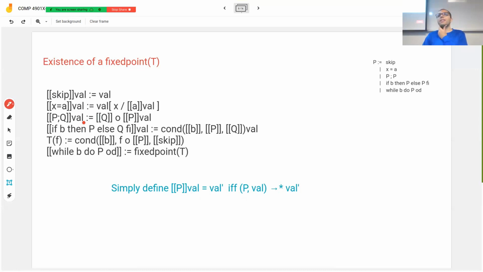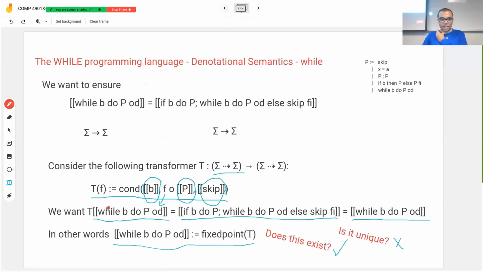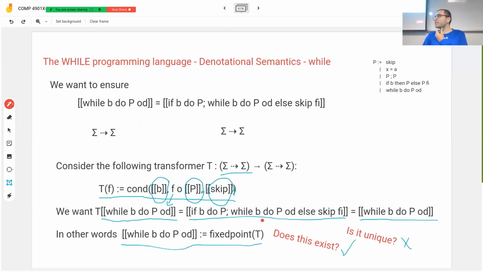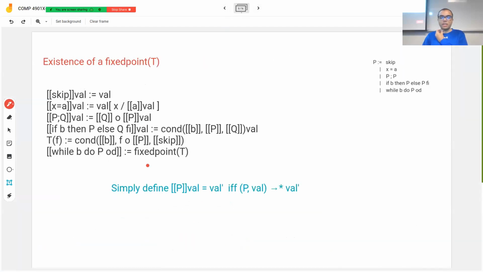You can just check it by induction, that I get basically the same semantics. And of course the operational semantics that I had for this program and this program were basically the same. So yes, whatever I get from my operational semantics would actually be a fixed point of T.